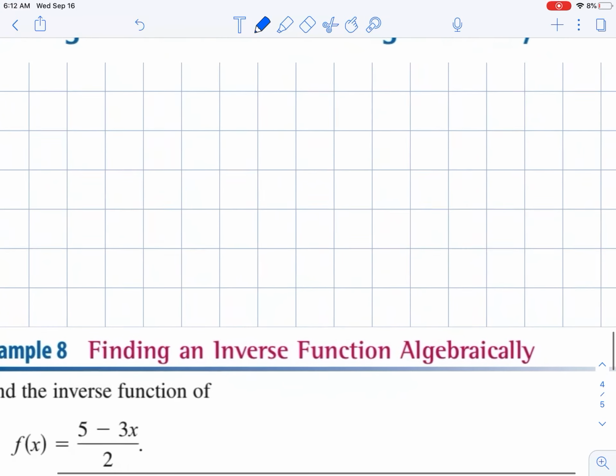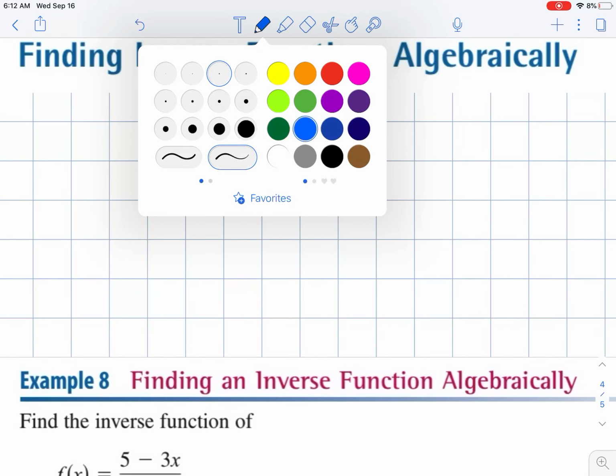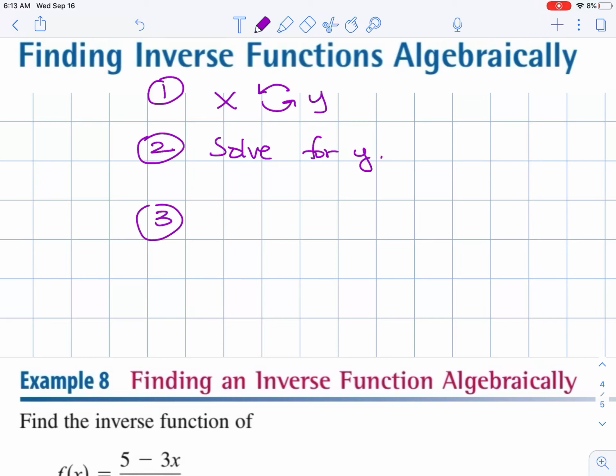Okay. Now we're going to talk about finding inverse functions algebraically, which actually is not too scary. People are afraid of it at first, but it's not too scary. So the first step in finding inverse functions is that we're going to switch the values of x and y. Step 2, you're going to solve for y.